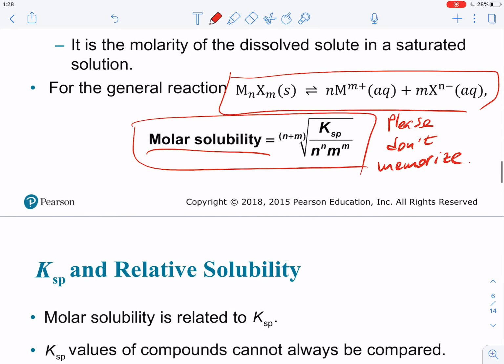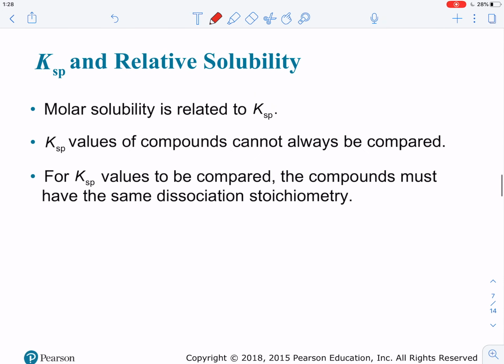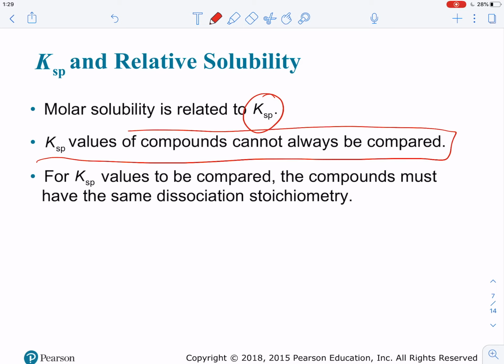Here, molar solubility will be related to Ksp. However, you can compare the molar solubilities directly, but you cannot compare the Ksps directly unless you have the same stoichiometry. So this is what this is saying. You cannot always compare it directly, just if the stoichiometry is the same. But the molar solubility is just telling you how many moles of that particular substance you can dissolve.